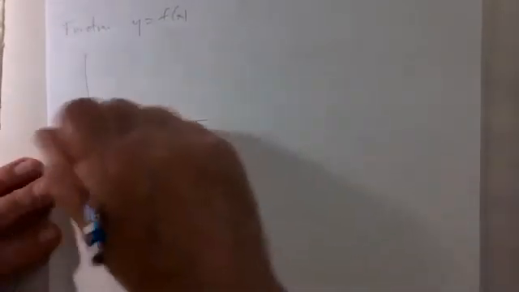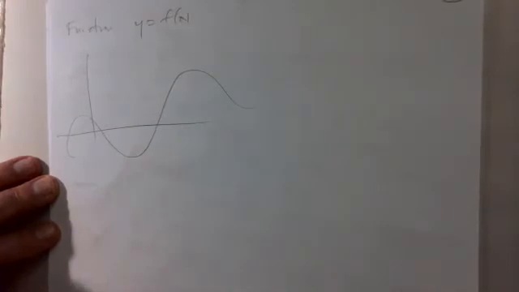Now, what happens in calculus is we want to generalize this notion of the tangent to a circle. Suppose we have a function y equals f of x, and it has some kind of graph. And let's say at some point on the graph, here is x equal to c.